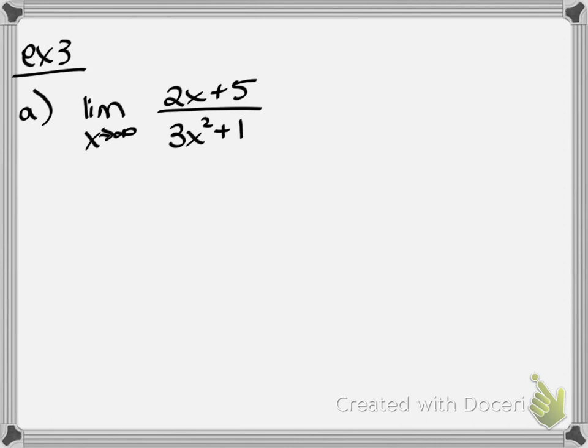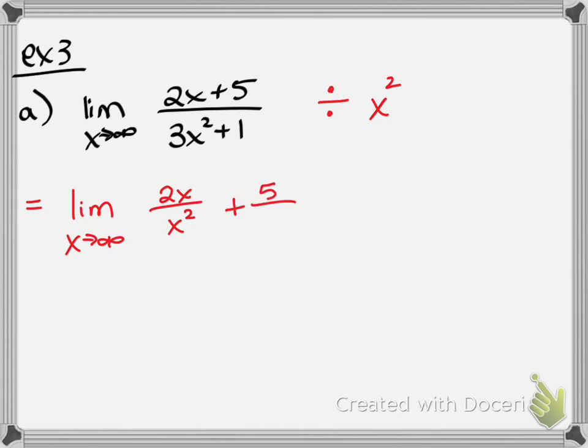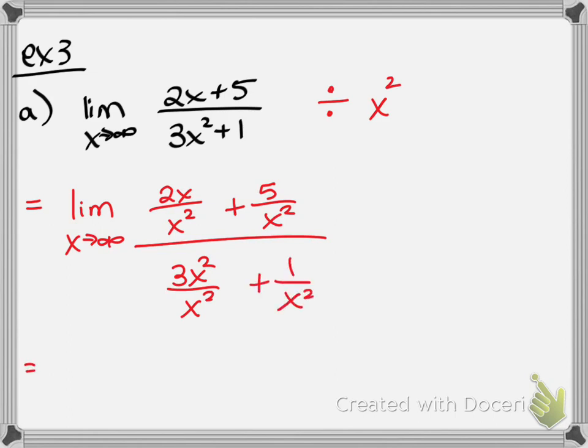And my strategy is I'm going to divide every term by the x to the highest power that's in the denominator. So you rewrite, and you divide every single term by x squared, and then you simplify.